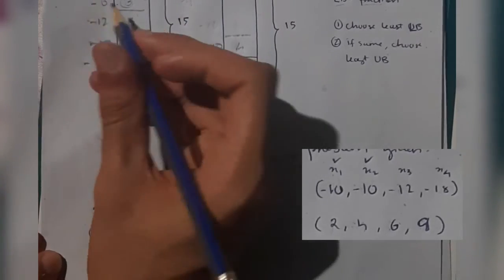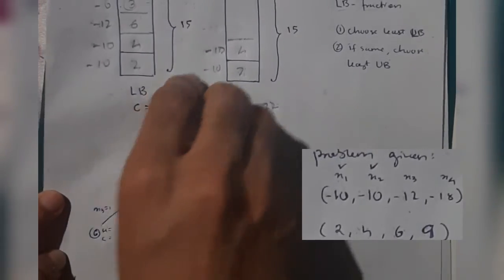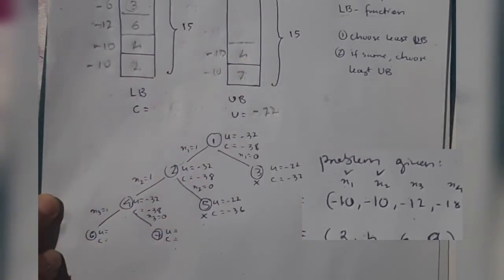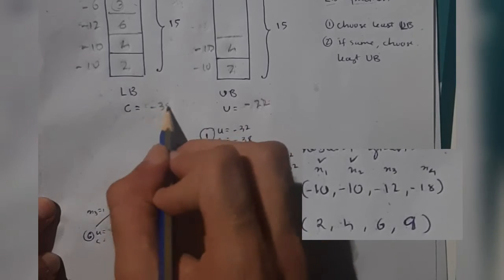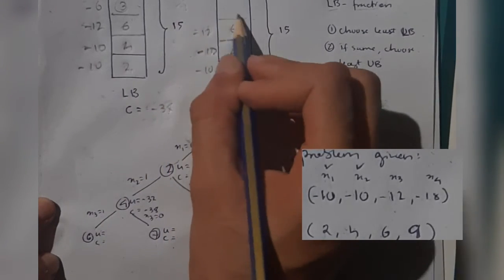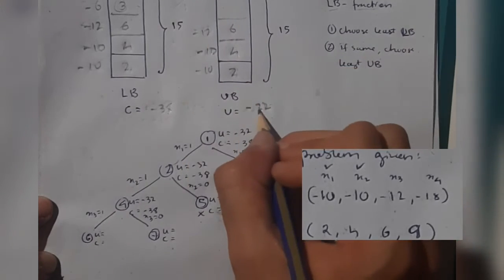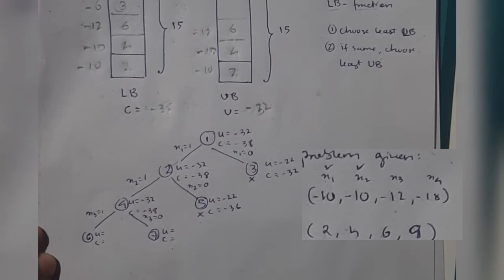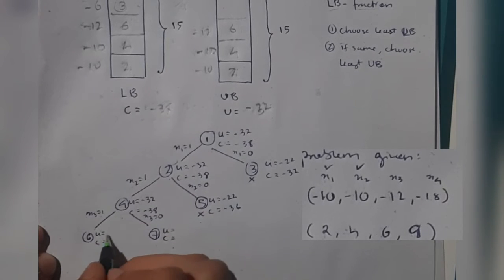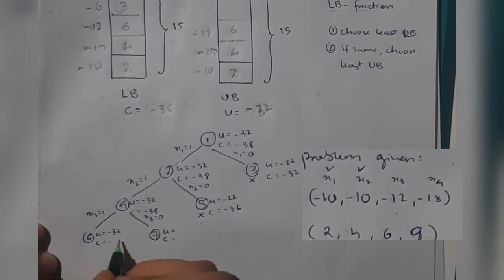So I'll get the total profit as 38. I'll be writing here minus 38. In the second one, the same thing, but I can't include the third object. So I'll be leaving the fourth space empty here, so the profit will be minus 32. That I'll be mentioning here, U as minus 32 and C as minus 38.